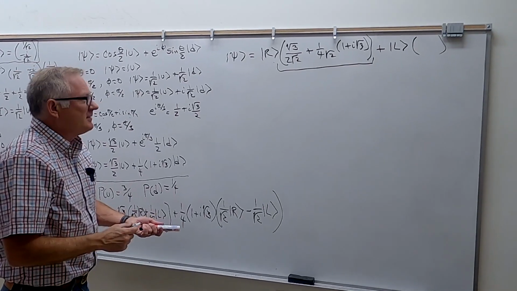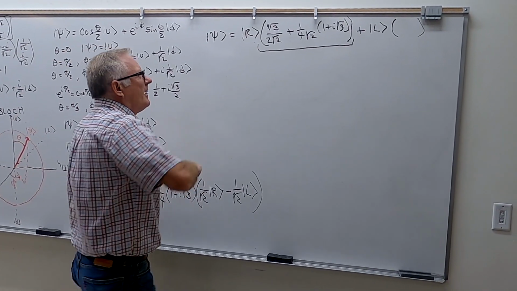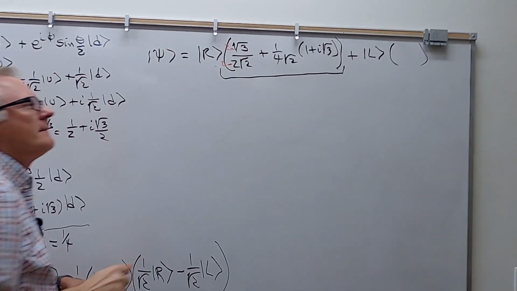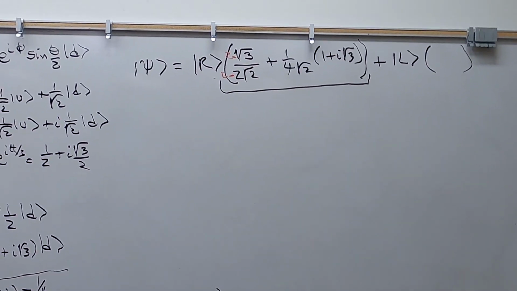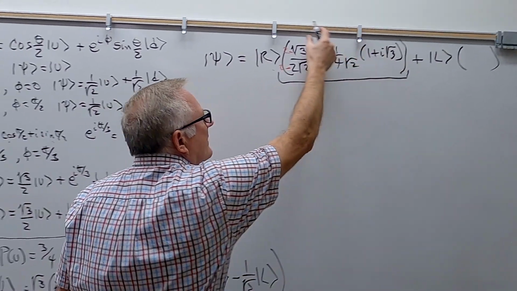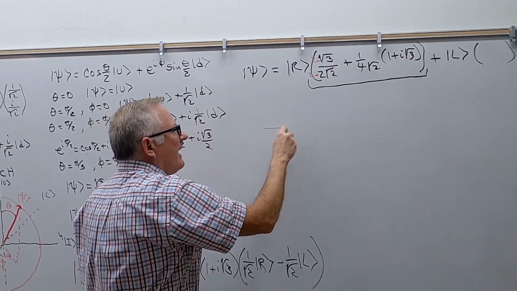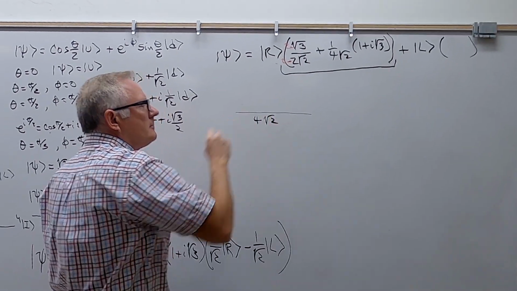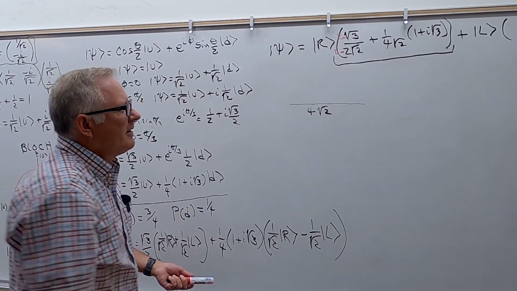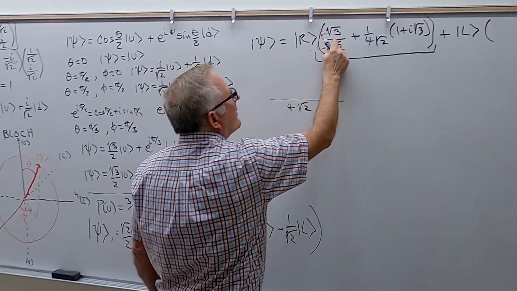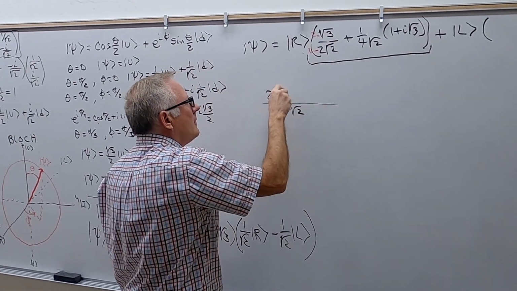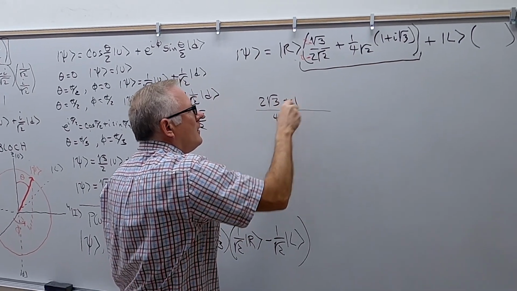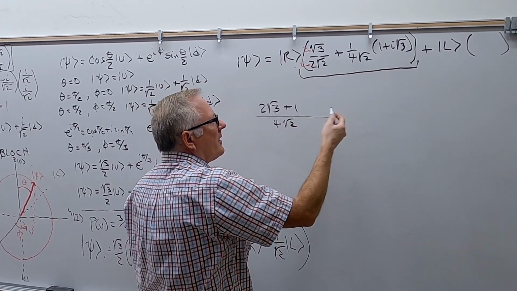Let's do that right there. Let me just get a common denominator. Let me put a 2 and a 2 there. So all I have is 4 square root of 2, and in the numerator, I have 2 square root of 3 plus 1 plus i square root of 3.